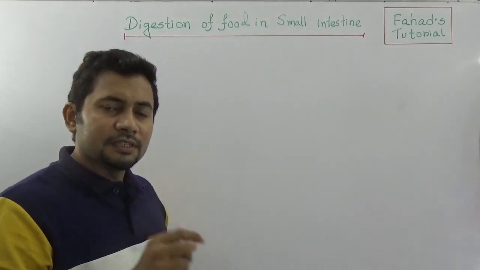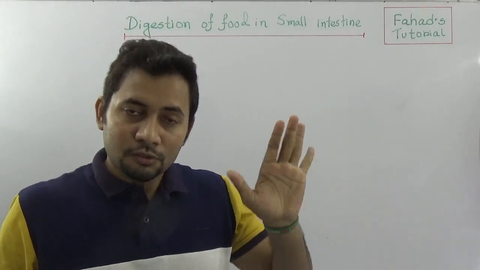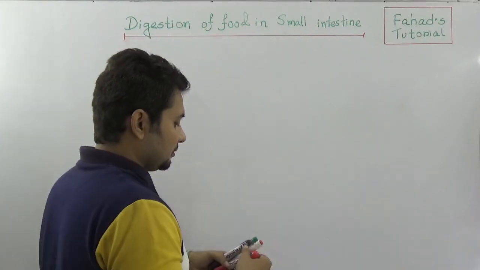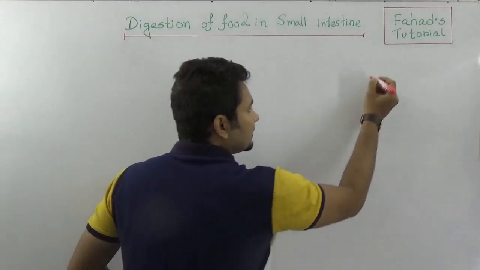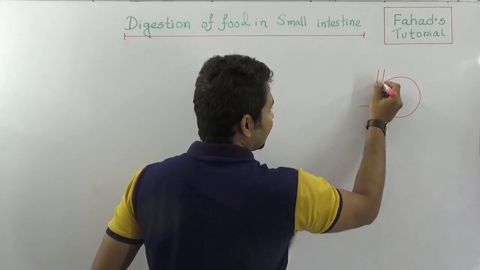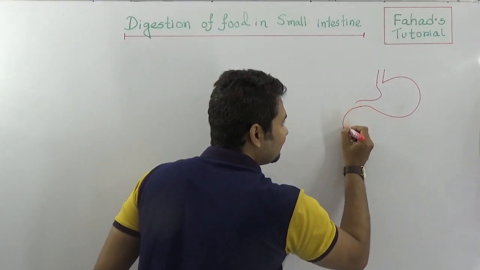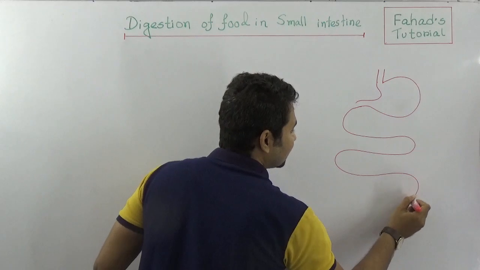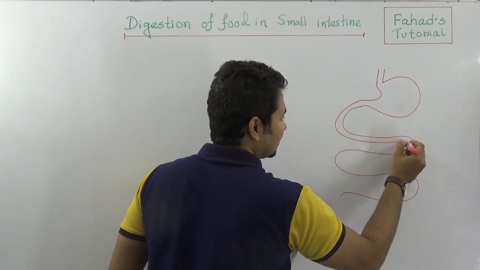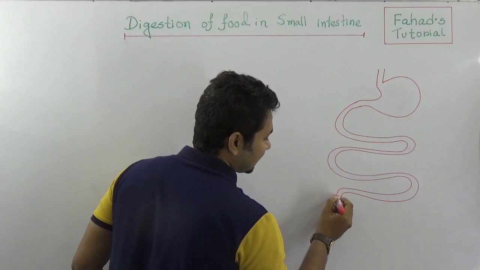Previously, I hope you know that the small intestine has three parts: duodenum, jejunum and ileum. Right now, very simply, we will concentrate on what's going on here. This is the last part of the esophagus, and this is the stomach. If I draw it in a simplified way, this is the small intestine, and then the large intestine starts here.